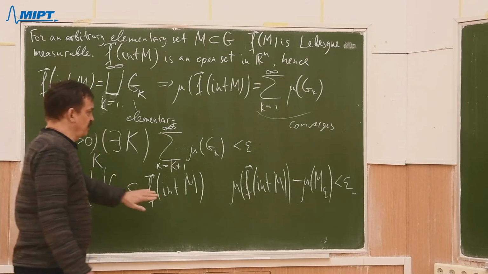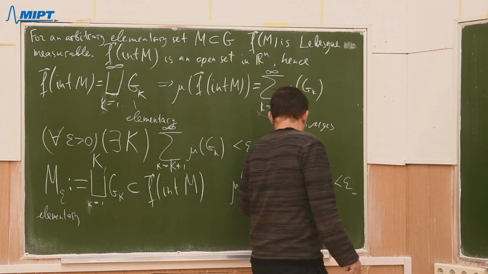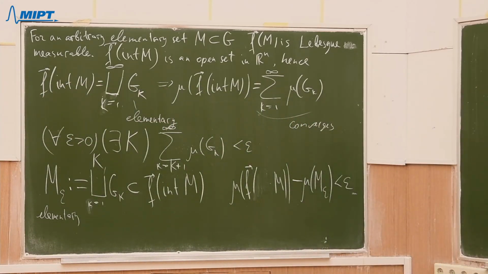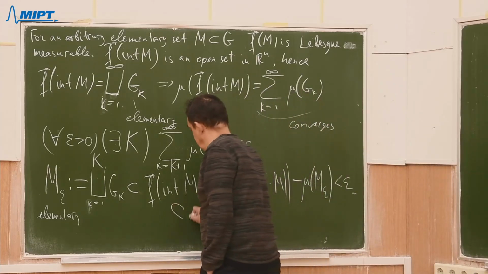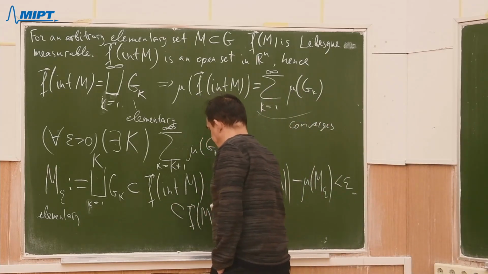By the way, I can't forget about the interior here. Why? Because as we saw, f of the interior and f of the whole differ by measure 0. So I can put here just f of M, and this is also a part of f of M.